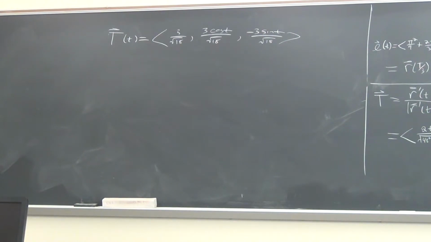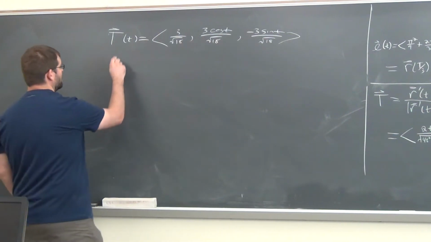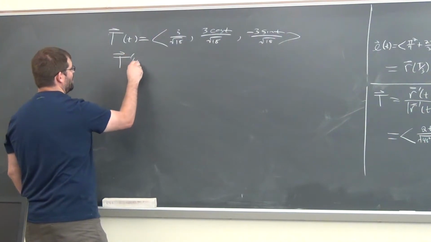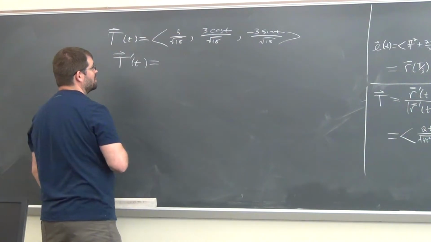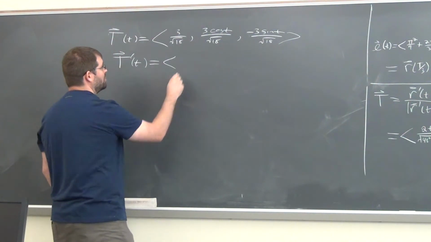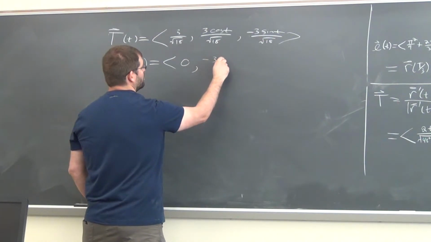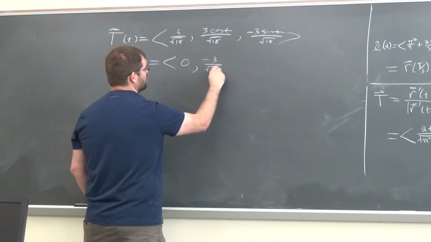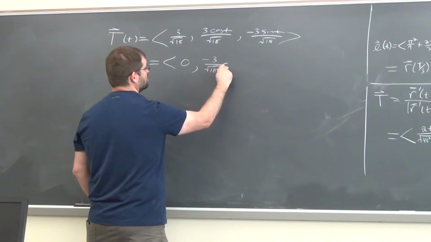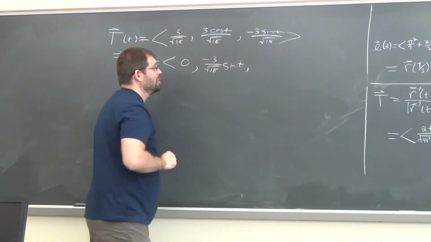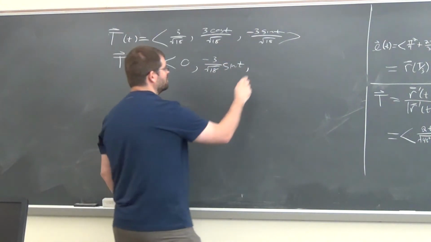All right, so now how do we calculate N? First take the derivative of that, and again, just remember that's not N, but it will give us N. So what's our derivative? 0, negative sine t, yeah, good, and then negative cosine t.